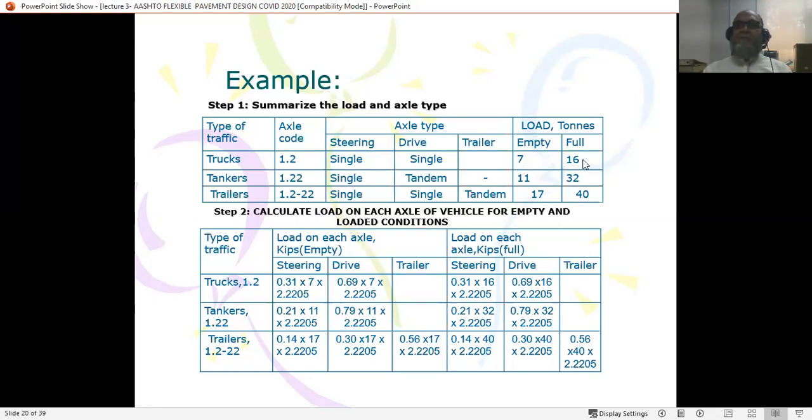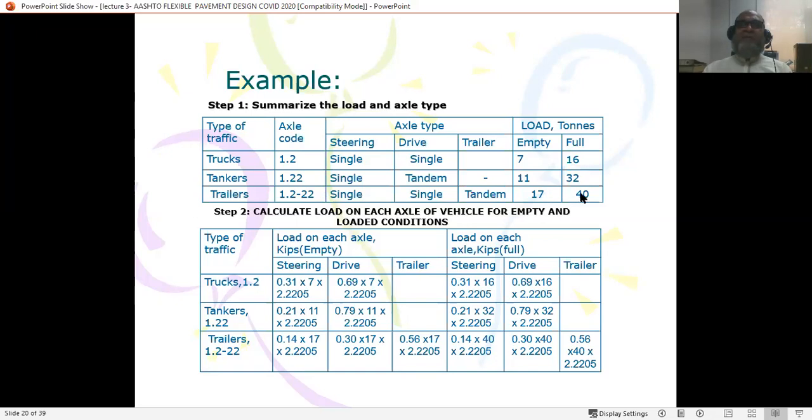So when the truck was coming, it was full, at 16 tons of load. But you cannot ignore this 7 tons. That's why we also want to know how many times the trucks ran empty. Remember, whenever a truck passes on the road, it applies some damage. And this damage is actually the load equivalence factor we are calculating.